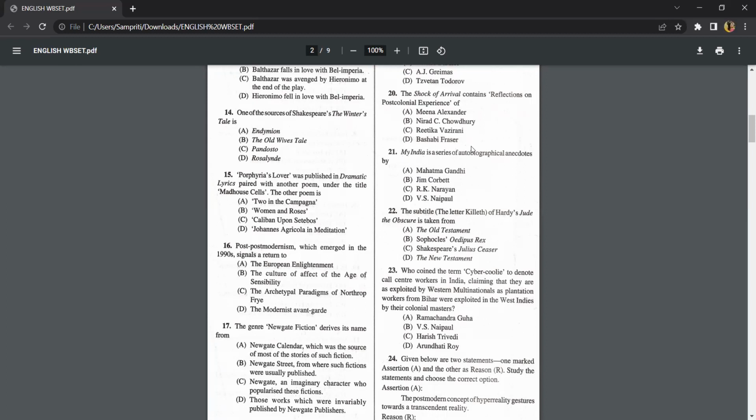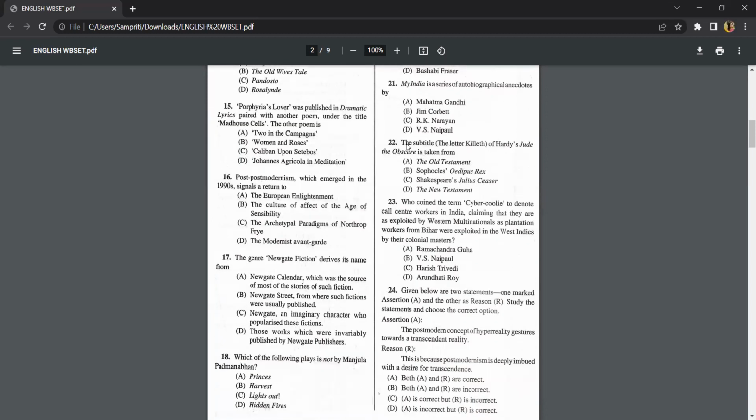My India is a series of autobiographical anecdotes by Jim Corbett. Option B is the correct answer. So you can see how you have to be aware of the previous years' question papers of whatever competitive exams and eligibility tests are happening around you, be it UGC NET, Andhra Pradesh State, Gujarat State, anything like that.